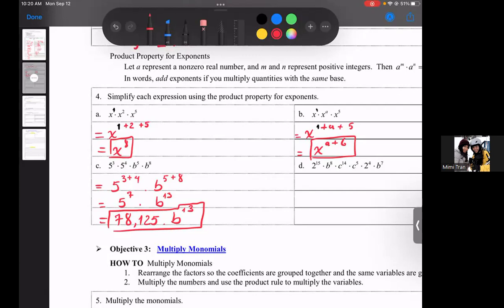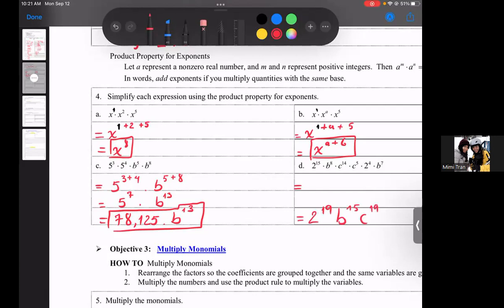Okay, so straight. What do you have? What do you have? Okay, 2 to the 18, and 2 to the 19, and then what else? C to the 19 again. Okay.